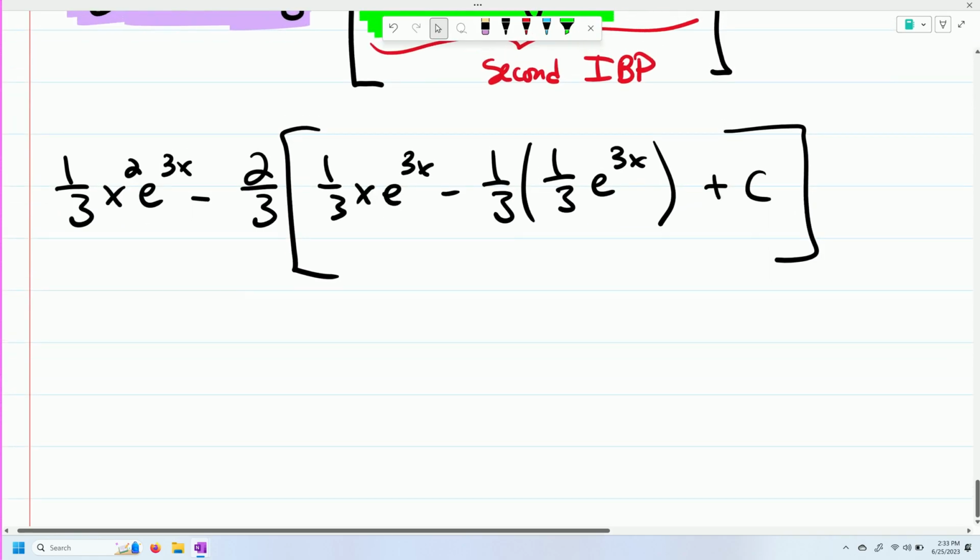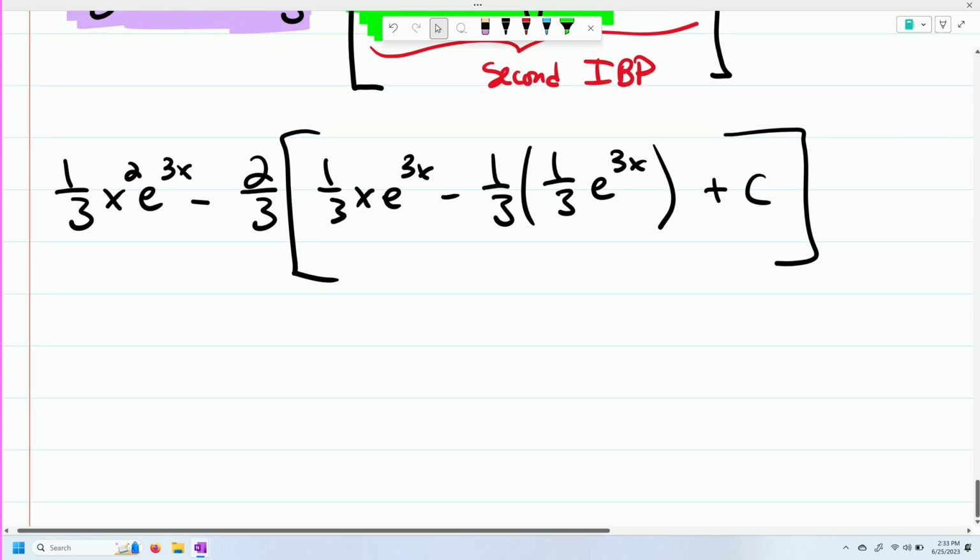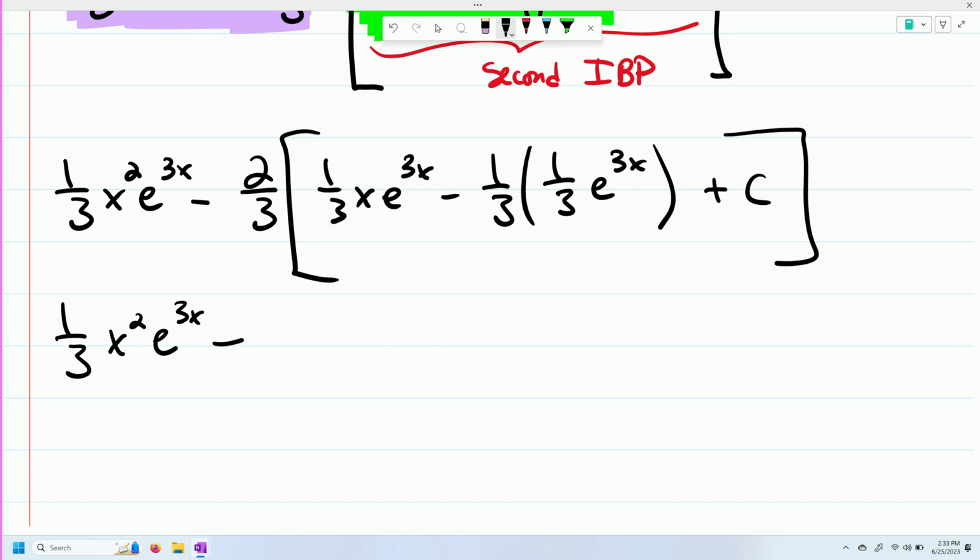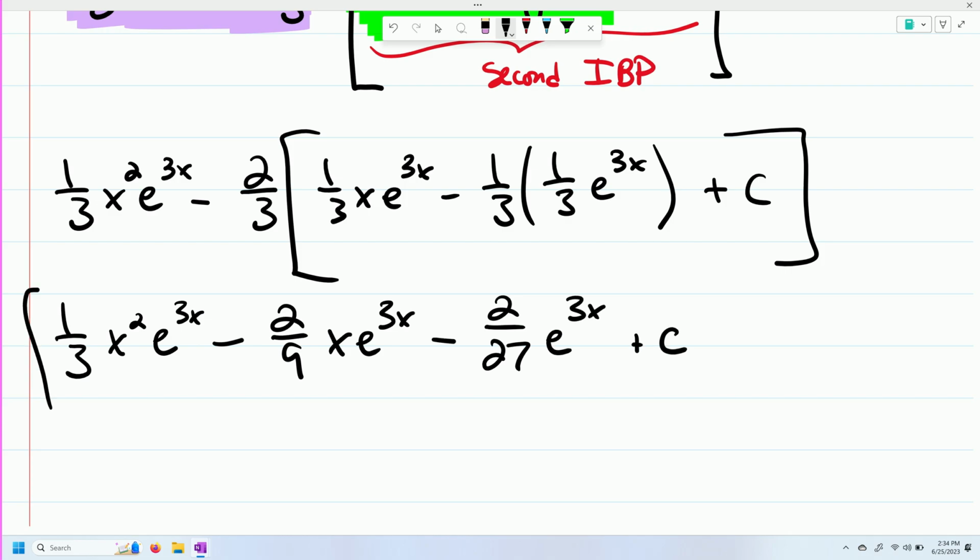And now algebra time. So 1/3 x squared e to the 3x minus 2/9 x e to the 3x minus... oh, that's not 2/9. That's going to be 1/3 times 1/3 is 1/9 times 2/3. I think it's 2/27 e to the 3x plus c.